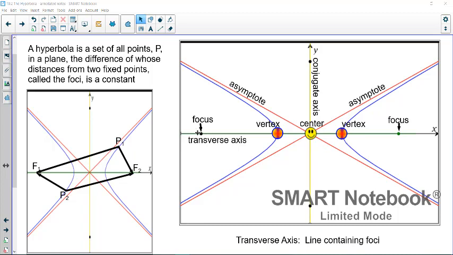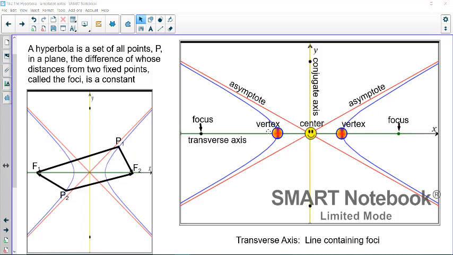A couple of new pieces of terminology associated with the hyperbola. The transverse axis. Now notice that the transverse axis, in this case, is horizontal. If ours was opening up and down, it would be vertical. The transverse axis passes through the focus, the vertex, the center, the vertex, the focus. So transverse, it is transversing all of these points.